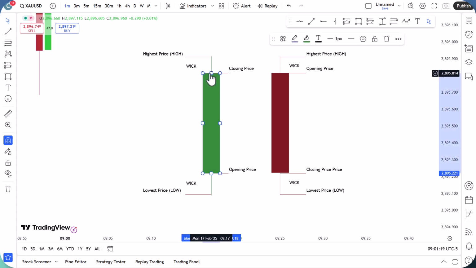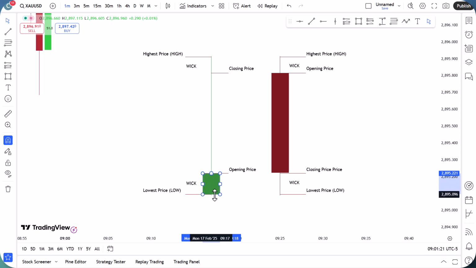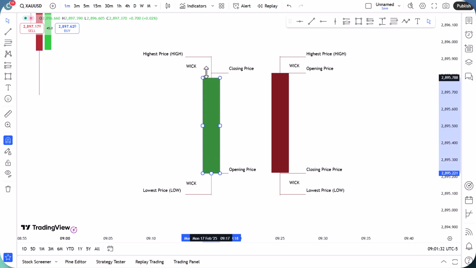In the same manner, the low price over here represents the lowest price this candle went to after opening. So if this was 500, the opening price, perhaps the lowest price it went to was 480, right? Before then going up to give us an all-time high of 700 and then coming to close at, say, 680.